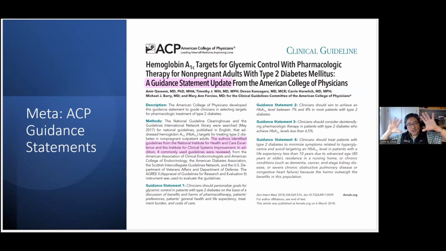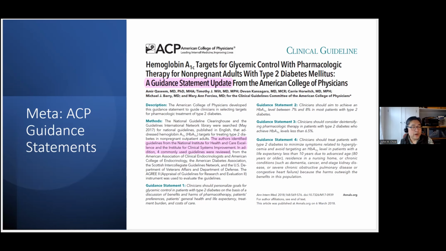They've got a longer checklist than what I provided you, and they go through point by point checking whether the guidelines follow what they would consider high quality rules. Based on that, they give a summary statement that says, as we look at these guidelines and consider which ones are the highest quality, here's our takeaway.